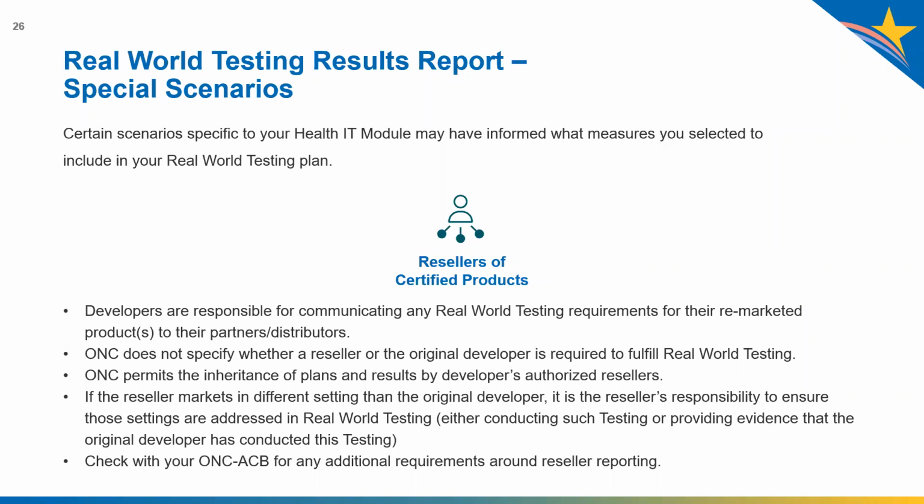And so it's up to you and your distributors to determine who's going to conduct real world testing in that specific care setting type that you as the original developer don't cover or don't market your product in. All right, so these are just the different nuances to what you want to make sure you address and cover for your business partners and distributors of your certified health IT.